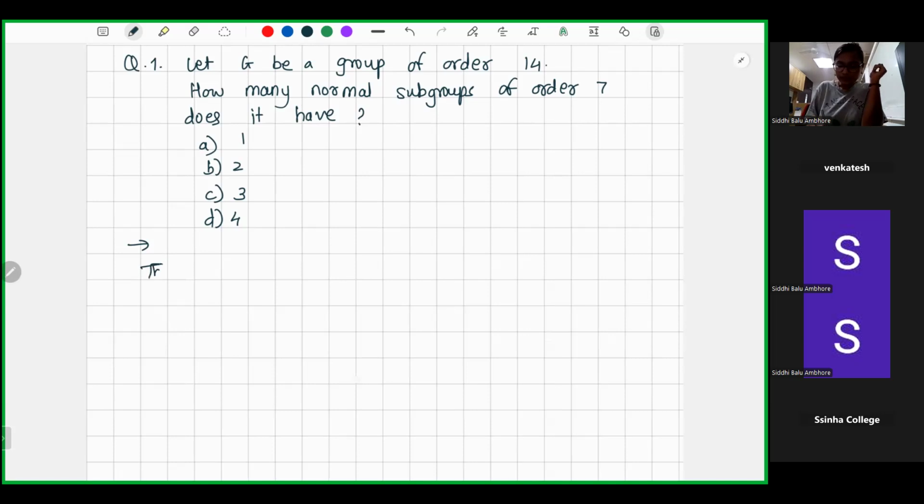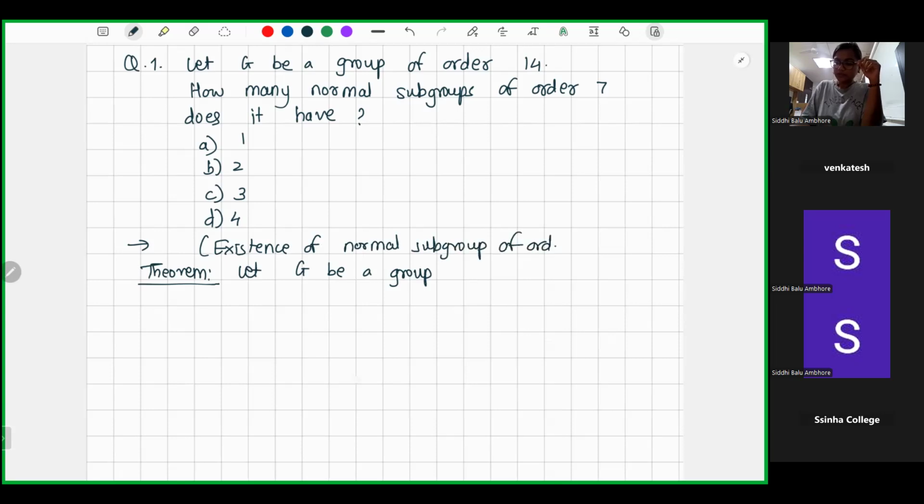So this is the theorem which we have, for existence of a normal subgroup of order 7. Why it is 7, and even if there were no options given here, and if you are giving an exam and if this was a NAT type question where you have to enter the answer, how will you justify there exists at least one?